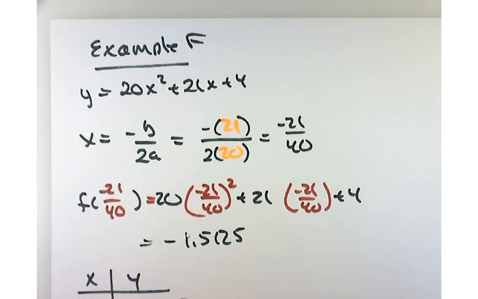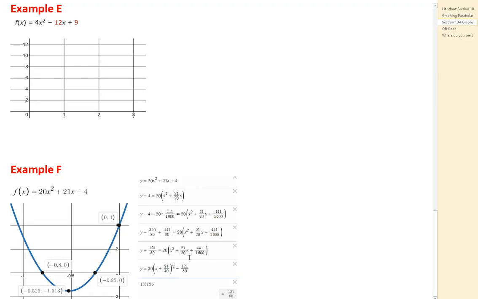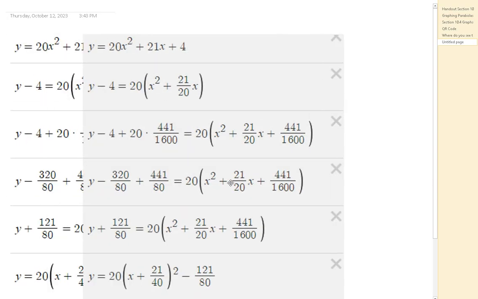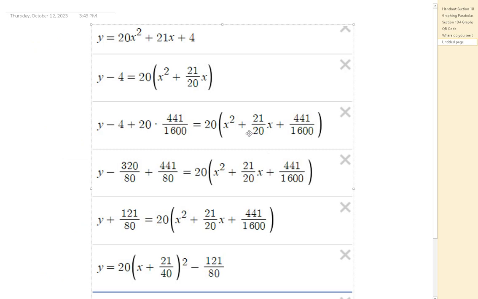Let's see, I think I have a copy of that. They're all taken up. So let's look at it here. This part right here. What I did for you on this one is I did the work of completing the square. It's a lot of work.